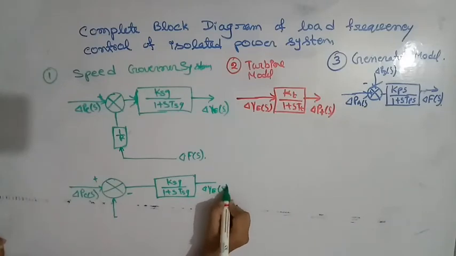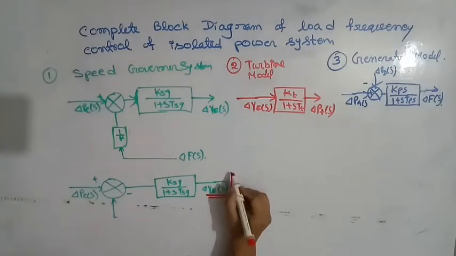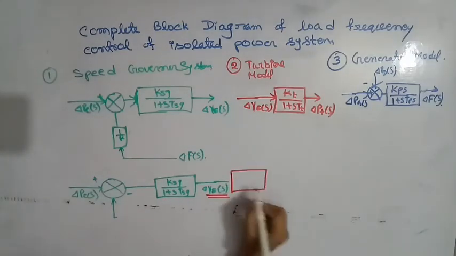This is the input of the turbine model, with gain KT by 1 plus STT.